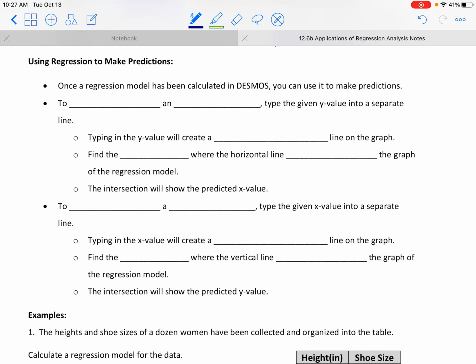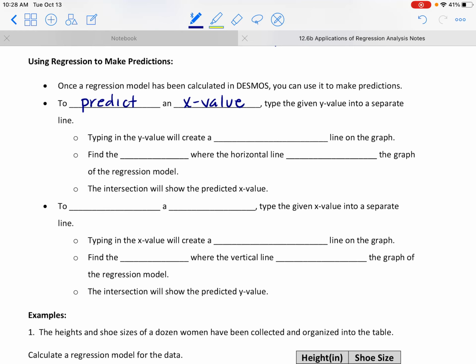If we want to predict an x value, it's because the y value that corresponds with it is going to be given to us.